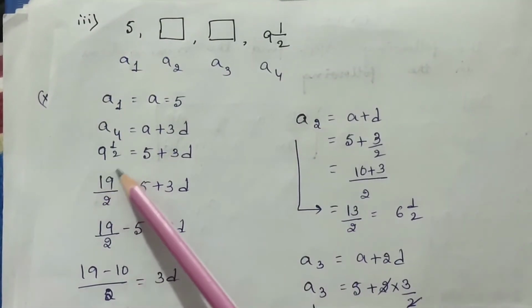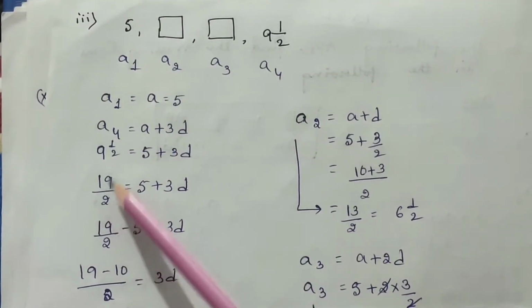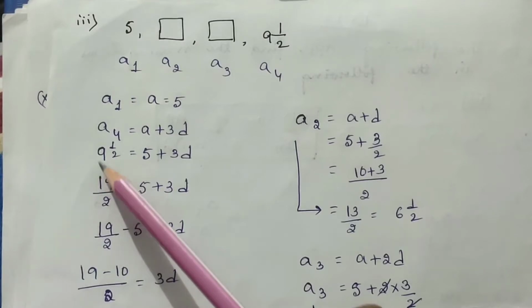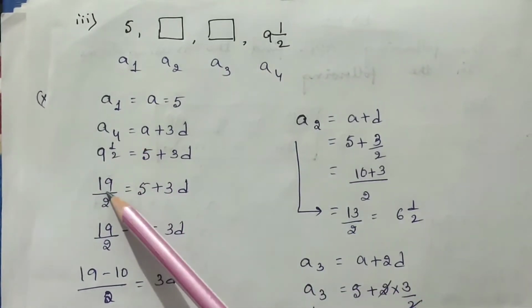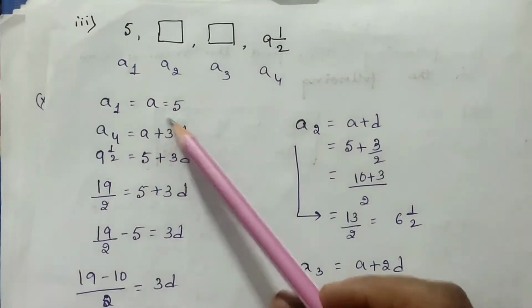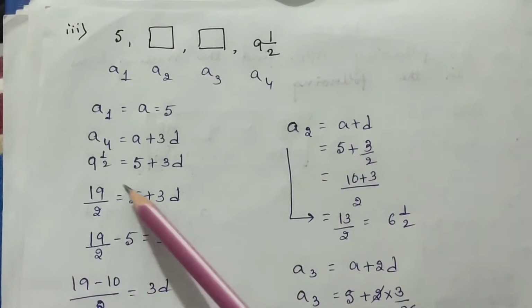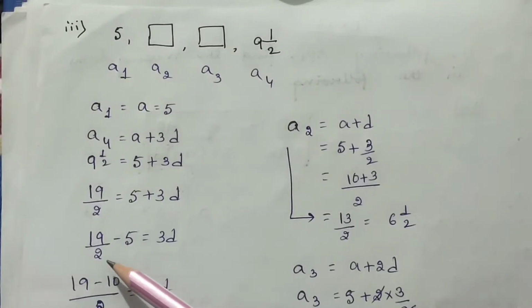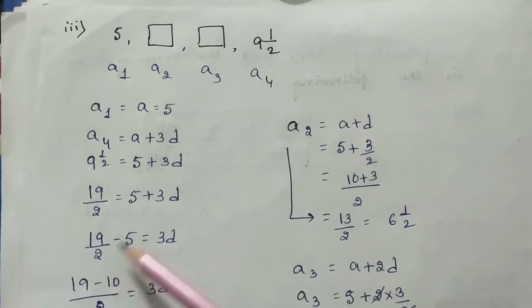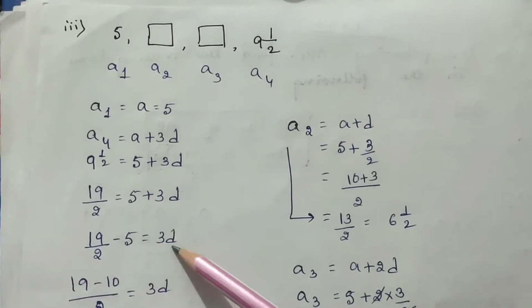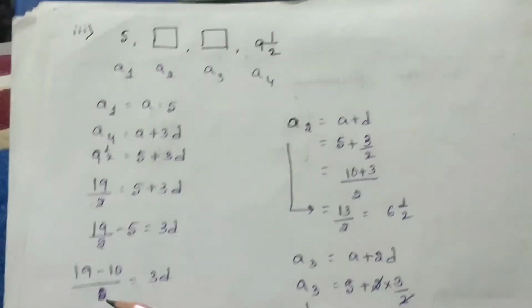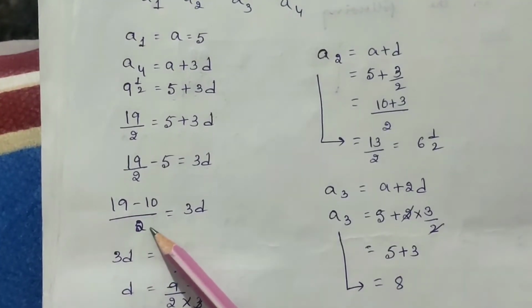Since it is a mixed fraction, convert it: 9 2s are 18, 18 plus 1 is 19 by 2. a is 5, 3d as it is. Shift this 5 towards the left, then it is 19 by 2 minus 5 is equal to 3d. If you take the LCM, it is 2.